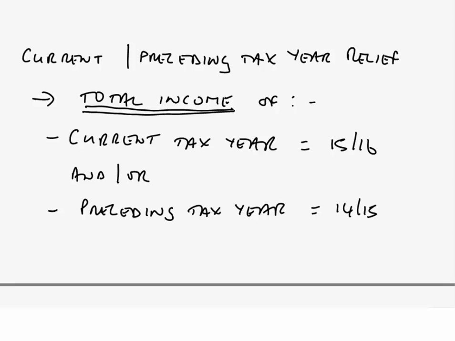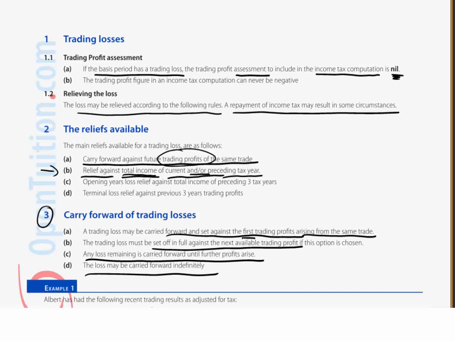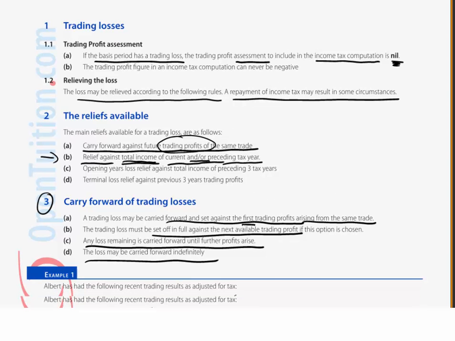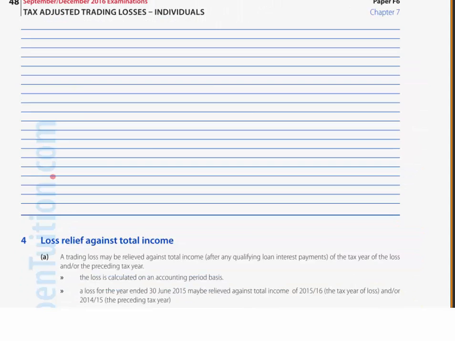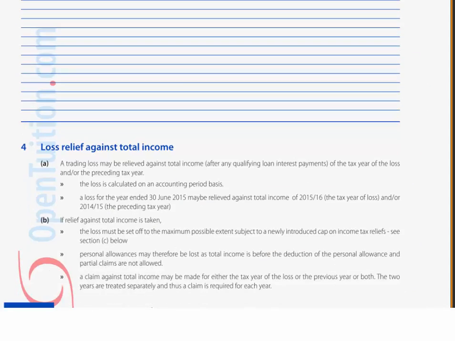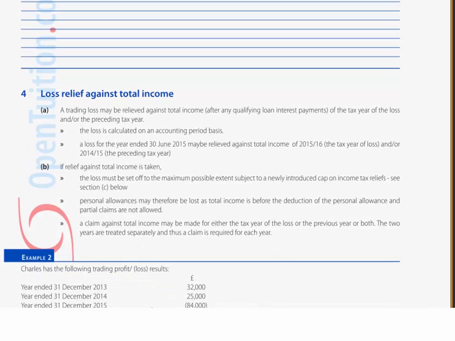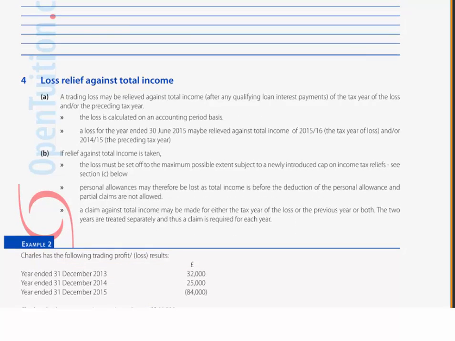Okay, let's just return to our notes and look at some more of the detail in relation to this particular relief. So just wind it forward. I'll come back or you will come back to example 1 shortly. But here are notes on the loss relief against total income.